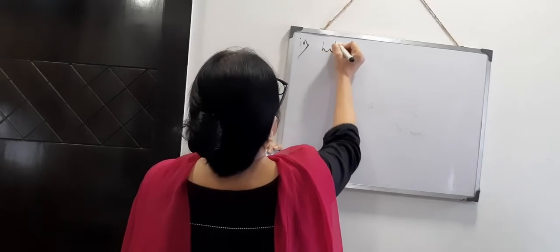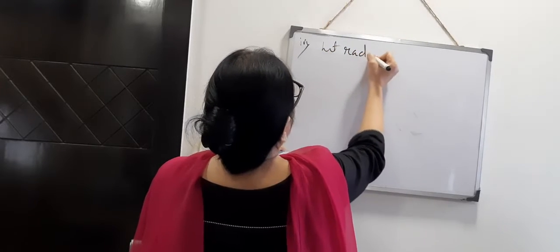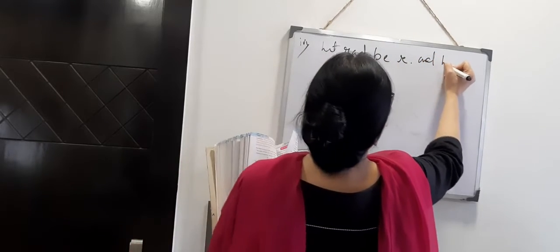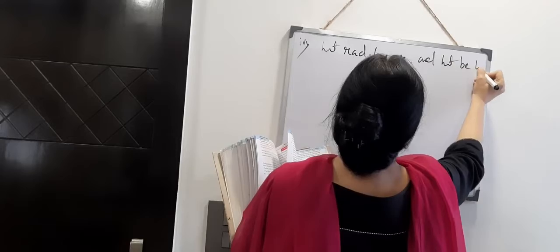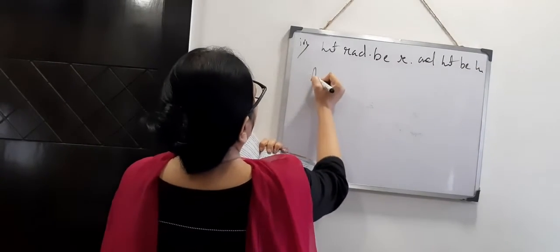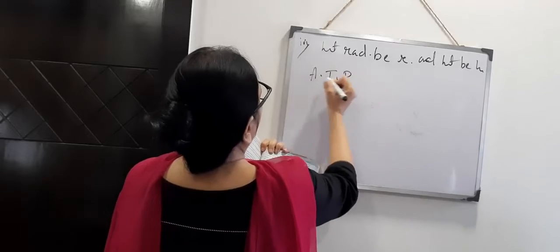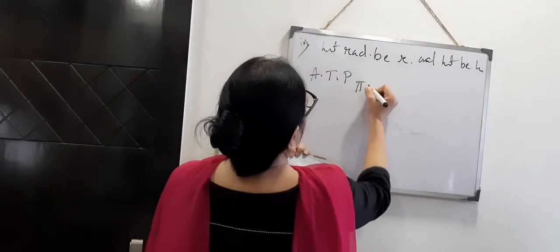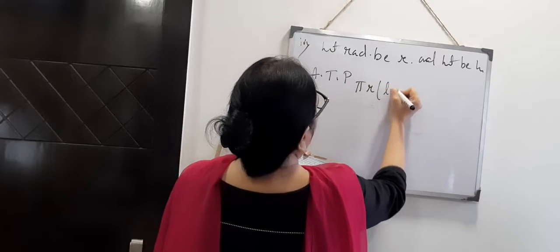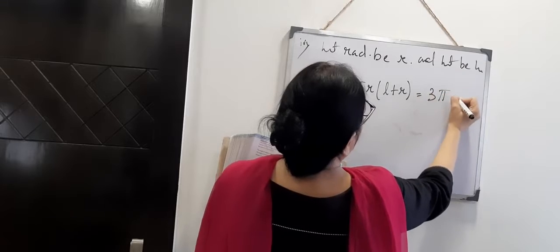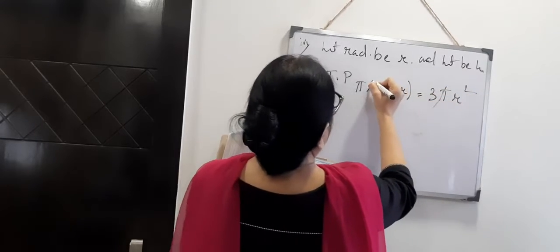Let radius be r and height be h. According to the problem, surface area of cone means pi r into L plus r equals, it is solid, so 3 pi r square.